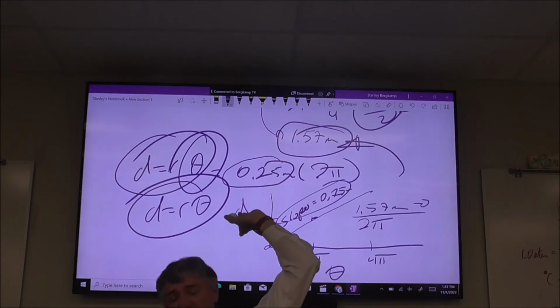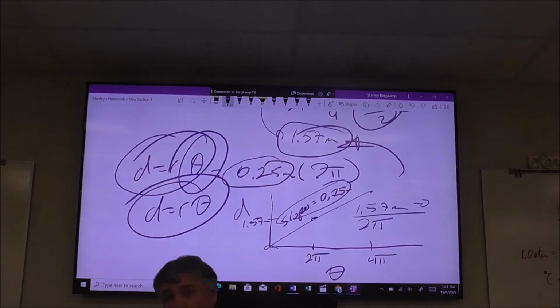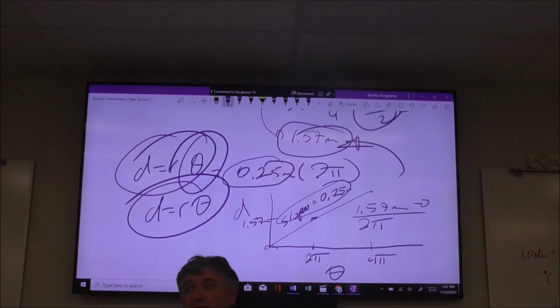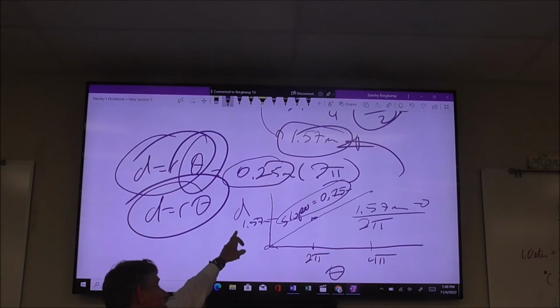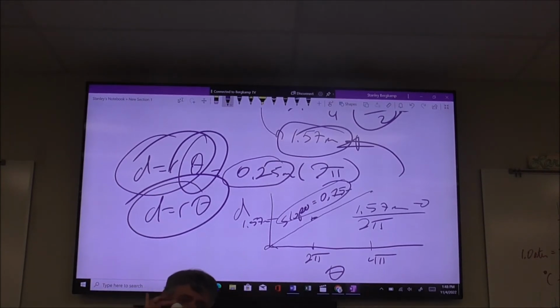If I drew this graph of distance traveled versus theta for Gary the golf ball, would it be the same, or would it be more steep, or would it be less steep? It'd be smaller, because the radius is super small.